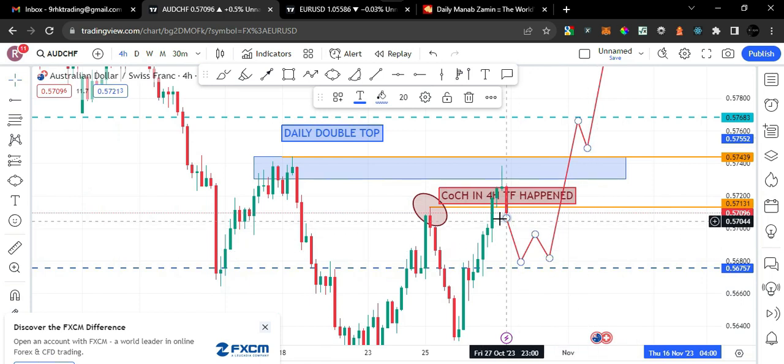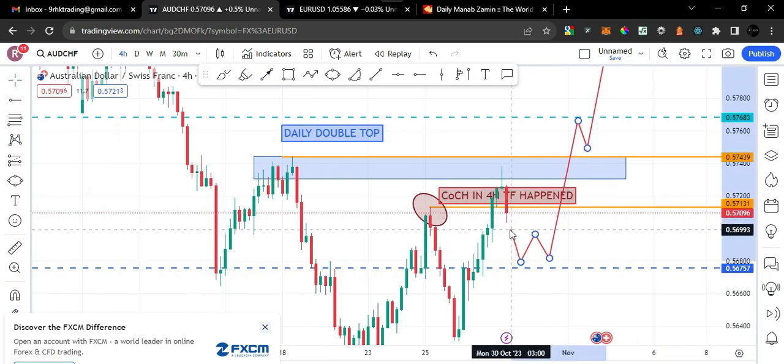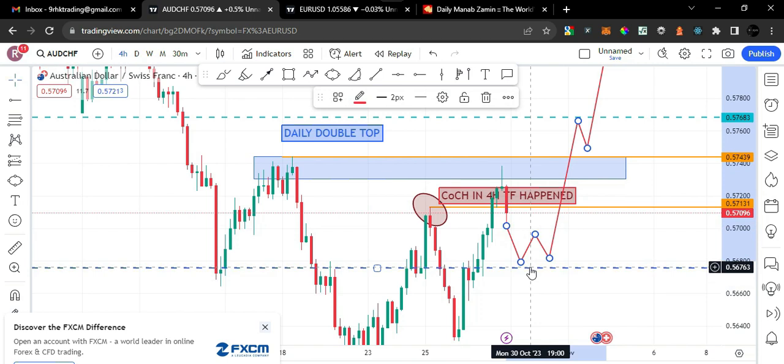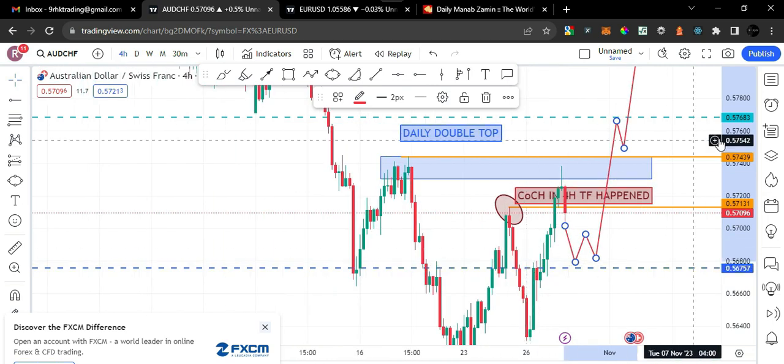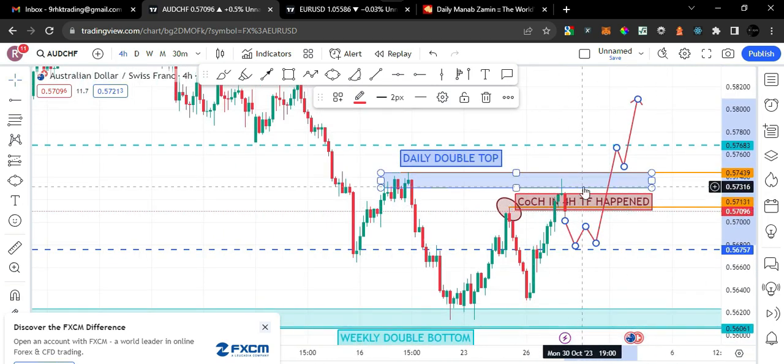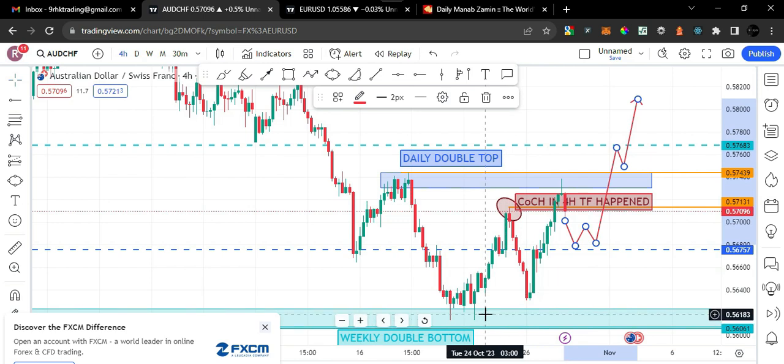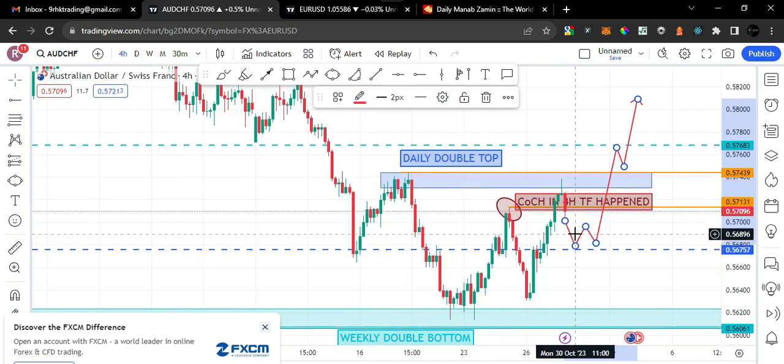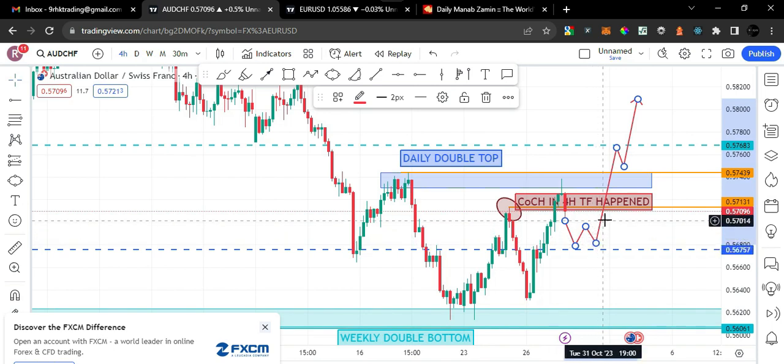If it comes back here, there is a chance that it will come back here, because as the double top has formed in the daily, the half should come back. So if it comes back and it goes up, retests, and then goes up and breaks this area, I don't know what happened to my writing.